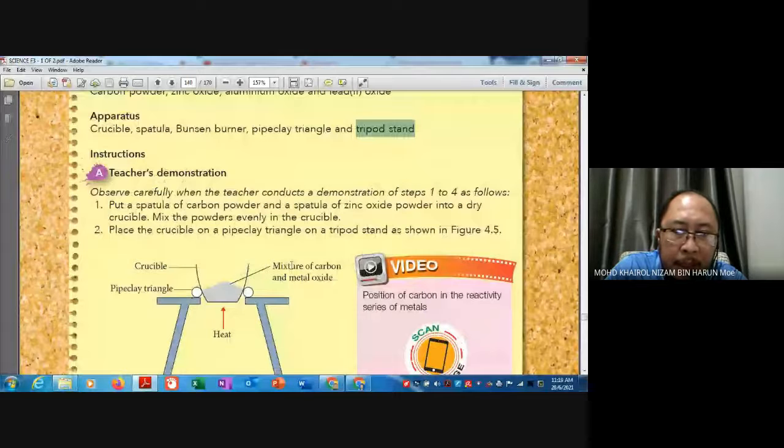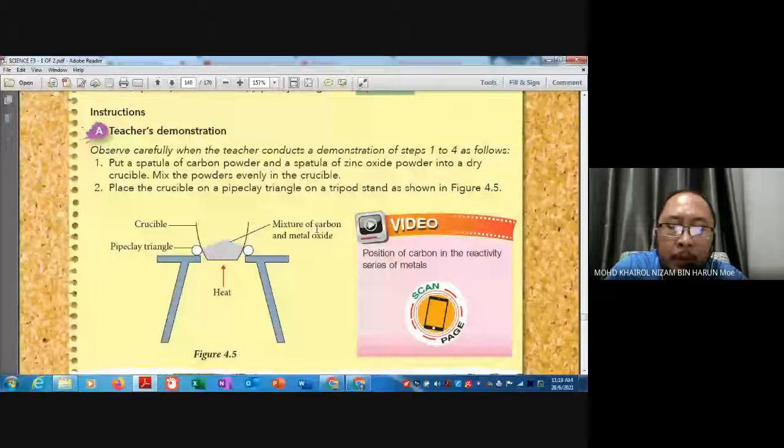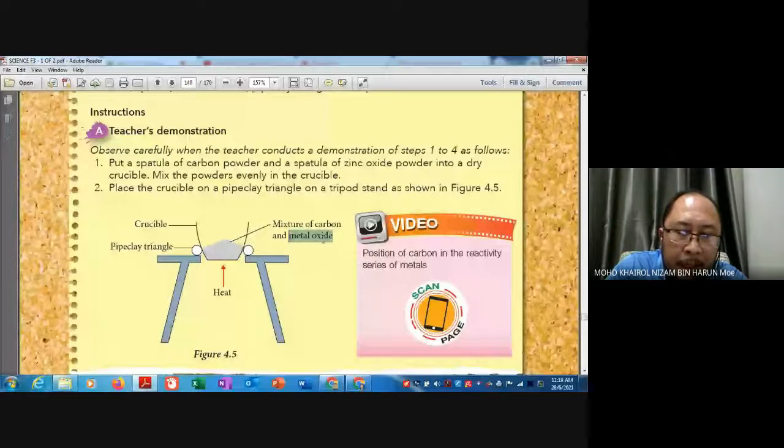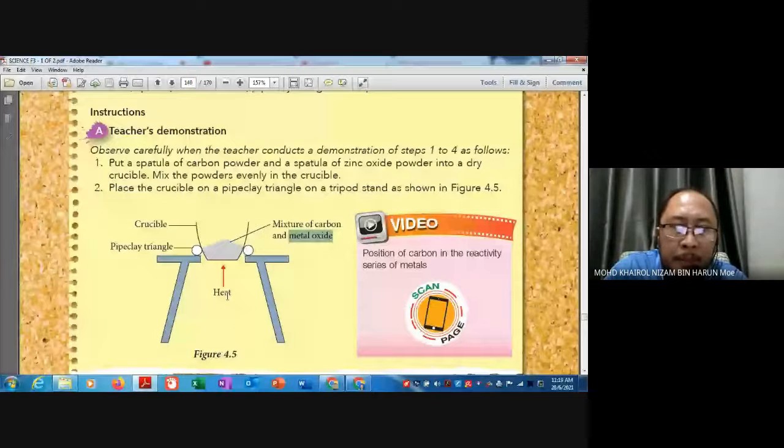Inside the crucible, we will put the substances that we want to react. We will put carbon powder and the metal oxide, and then we will heat from the bottom. So we put a Bunsen burner, and the heat comes from the Bunsen burner.